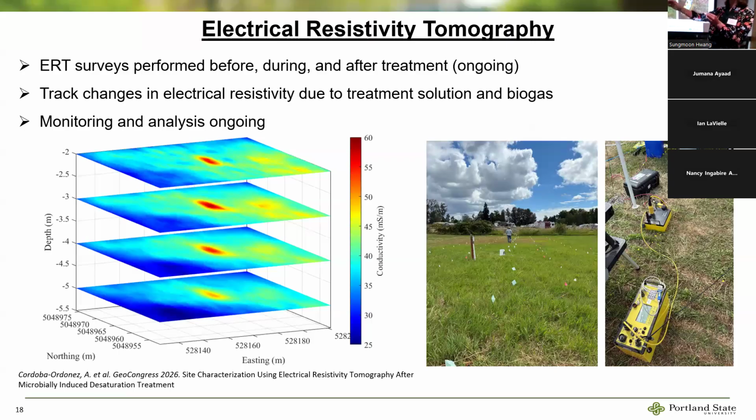And so the ERT, being able to look at different slices of electrical conductivity in the ground at various depths, can give you some assurance that the treatment solution is spreading throughout the targeted soils and at various depths, or that it's not, and that something needs to change for the treatment approach.